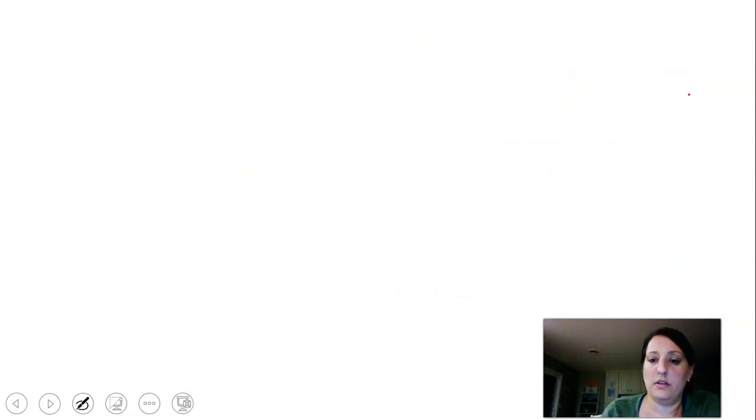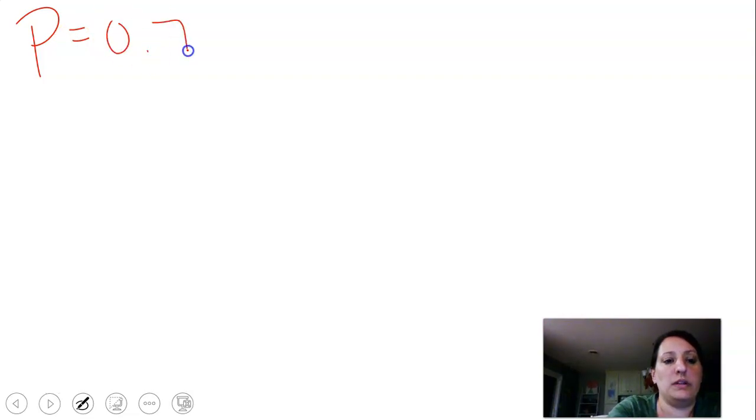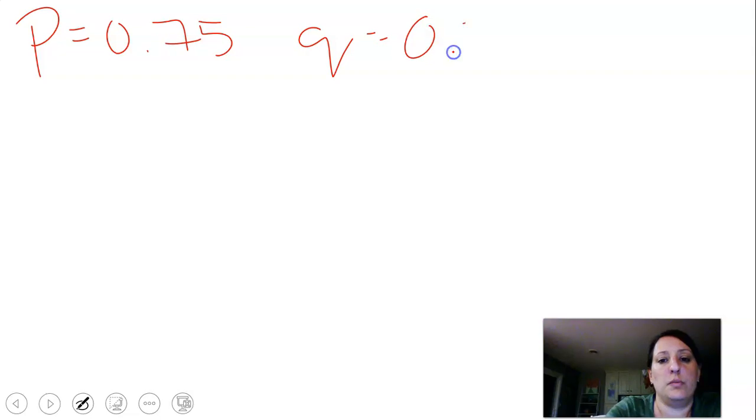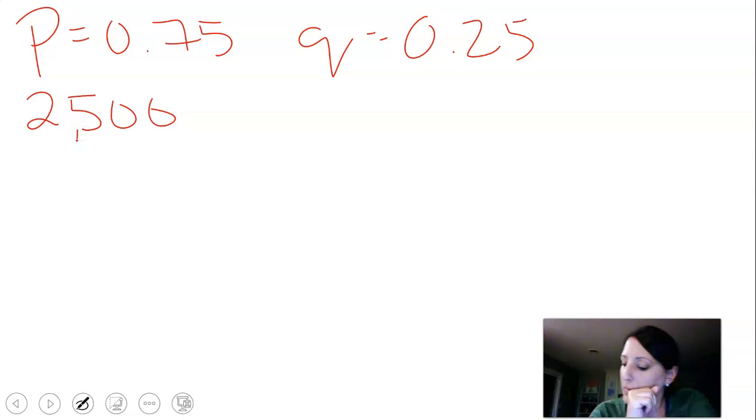Okay, so let's do our P and Q up here. So P equals 0.75, and Q equals 0.25, and our population is 2,500 people. And we want to know first how many homozygous tall people there are.